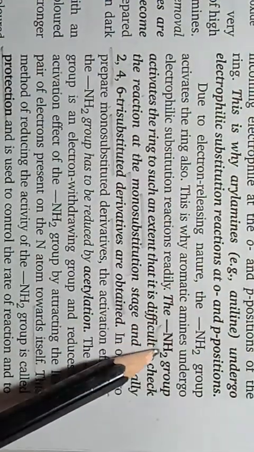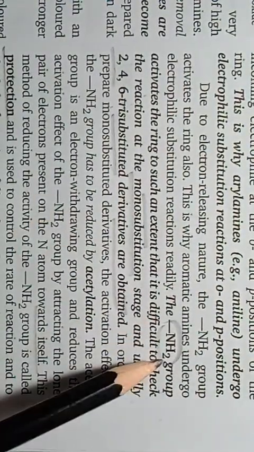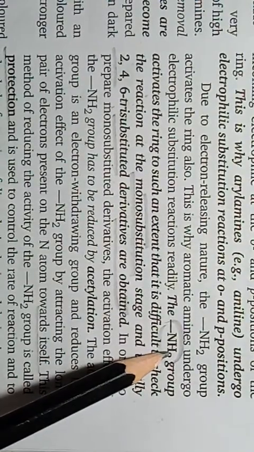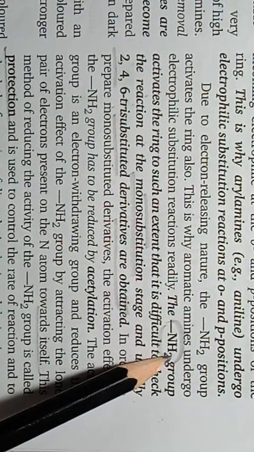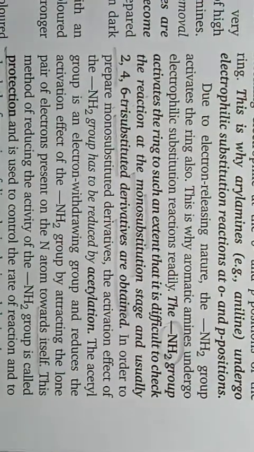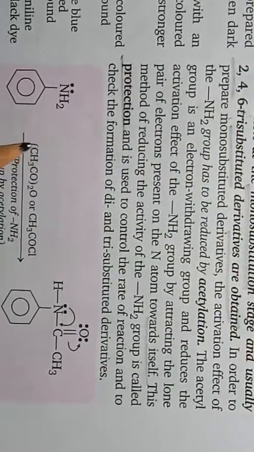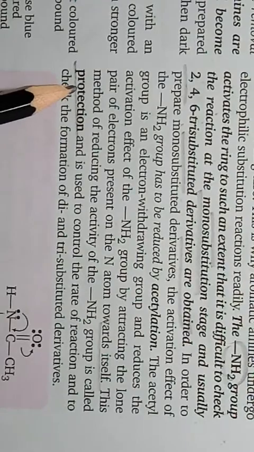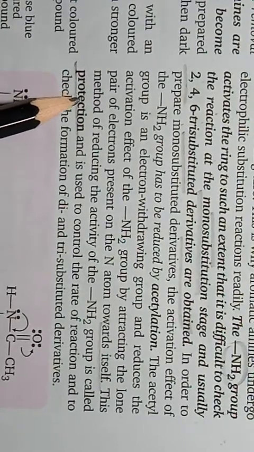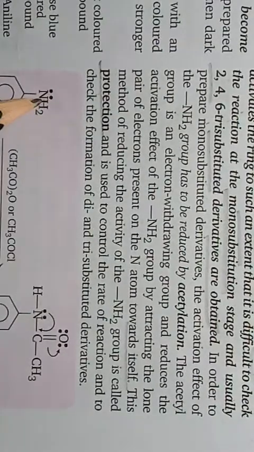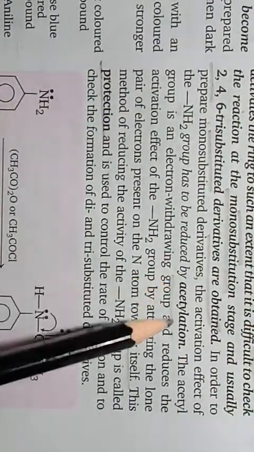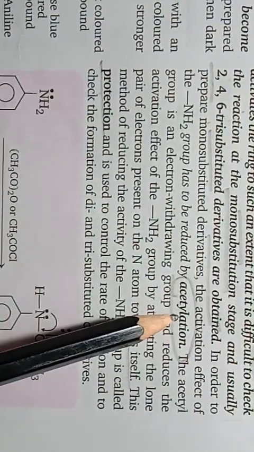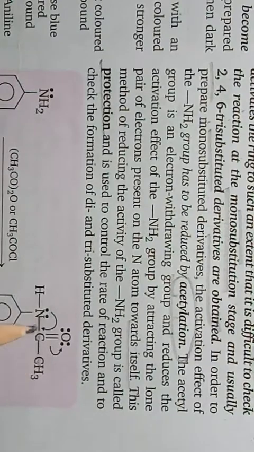NH2 is a highly activating group, and that is why it is not easy to obtain mono substituted products under normal conditions. So to get a mono substituted product, we will protect the NH2 group present in aniline by acetylation, by introducing an acetyl group on the NH2 group.